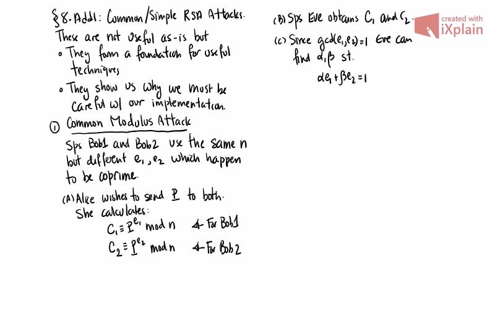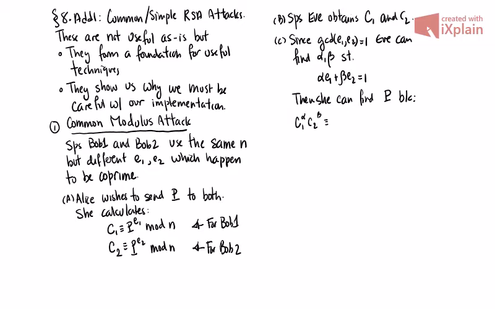So then she can actually find P. This is because if she takes C1 to the alpha times C2 to the beta. Remember, she has the C's, she has the alphas and betas. Because she has the E's, she can find that they're coprime. That's easy. She can do the Euclidean algorithm to find the coefficients. That's easy. So she takes C1 alpha times C2 beta.